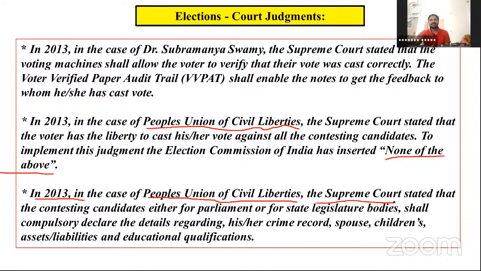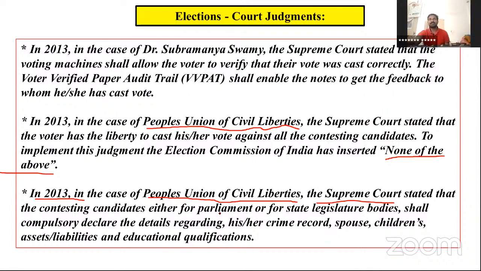What is this? It stated that the contesting candidates, either for parliament or for state legislative bodies, shall compulsorily declare the details regarding their crime record, spouse, children's assets, and educational qualifications.